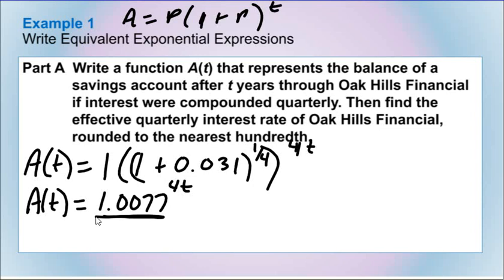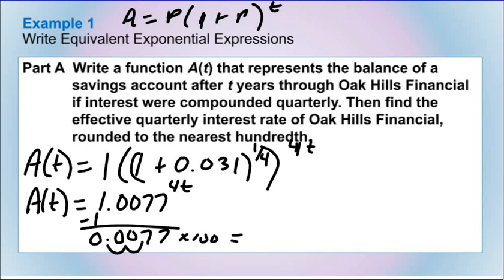I'm just now going to take this decimal, and we're going to subtract 1 from it, and I get 0.0077. And then I multiply by 100, and this will give us a decimal of 0.77%. So Oak Hill would have 0.77%.